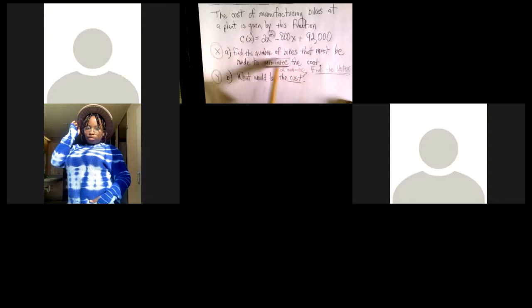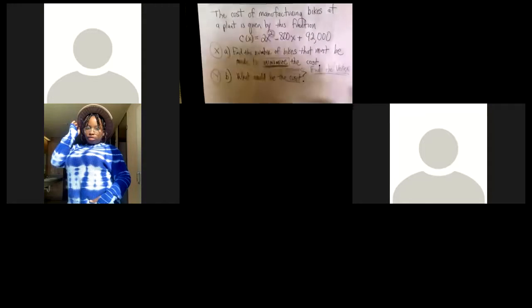You plug the x into this function and you get the cost. So that's the strategy. We're going to find the vertex. The x coordinate answers part A. The y coordinate will answer the part about the cost.